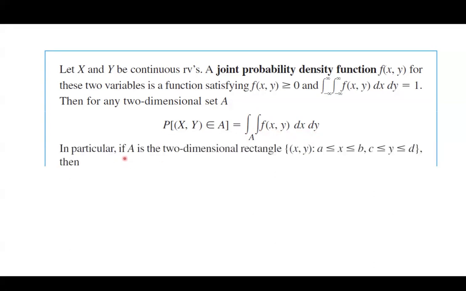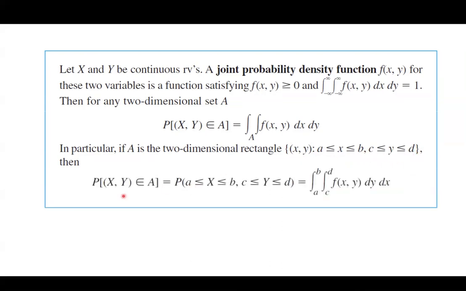In particular, if A is a two-dimensional rectangle, which is defined as the set of all x and y's such that x is bounded between two vertical lines and y is bounded between two horizontal lines, the probability that x and y belongs to set A, which is in nicer form written as the probability that x is bounded between a and b and y bounded between c and d, is the double integral of f of x and y with respect to y first, then the outer integral with respect to x, and you can switch these around by Fubini's theorem as well.